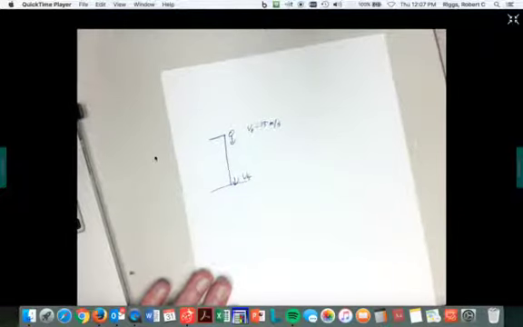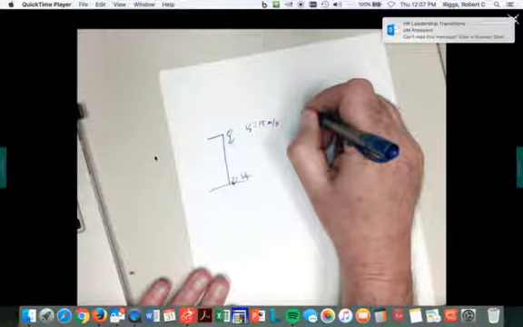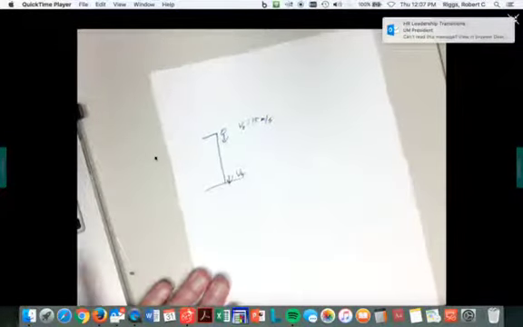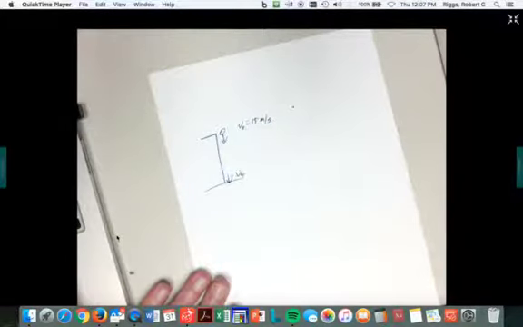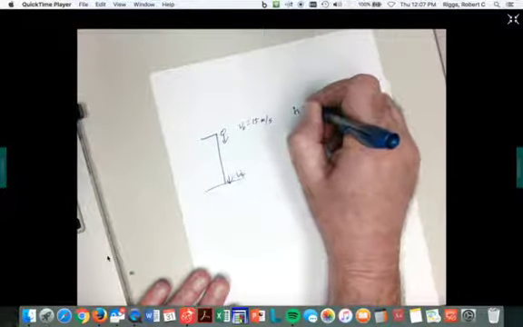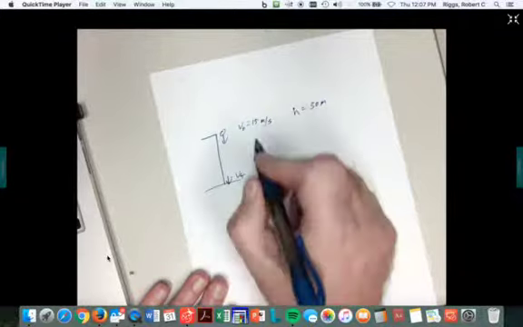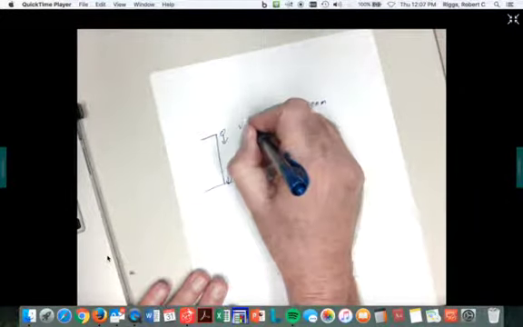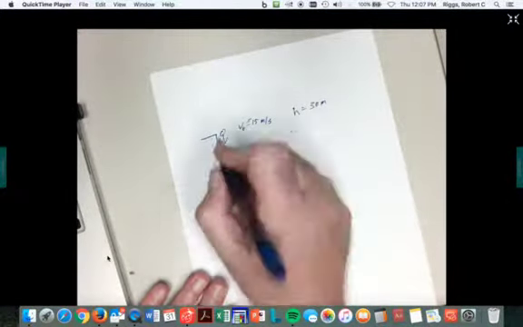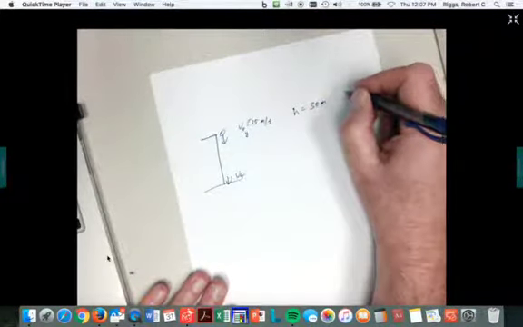I'm throwing it from a height of, say, 30 meters. But since I'm throwing it down, you have to make sure the vector is going down, so it's negative. V naught in the y direction is negative. So what's the final velocity, and what's the time?